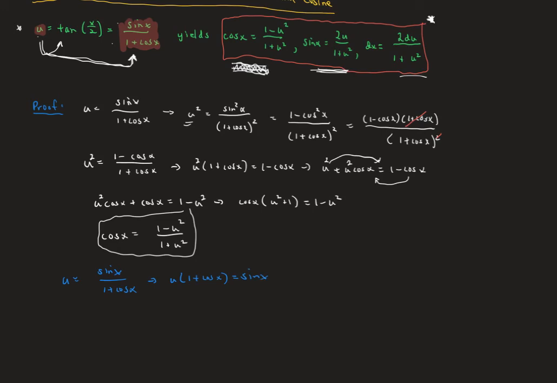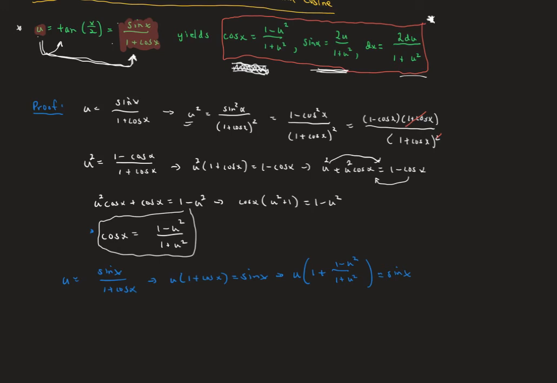And now we're going to replace our cosine x by what we said it was equal to here. So that's going to be u times 1 plus 1 minus u squared over 1 plus u squared is equal to our sine x.